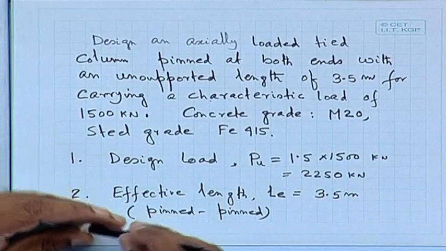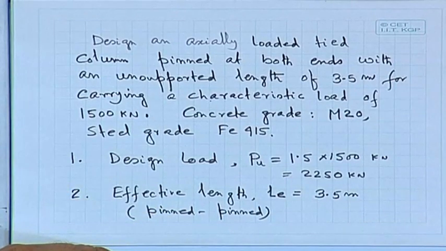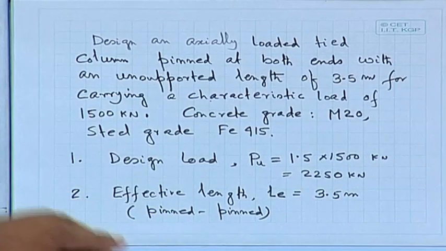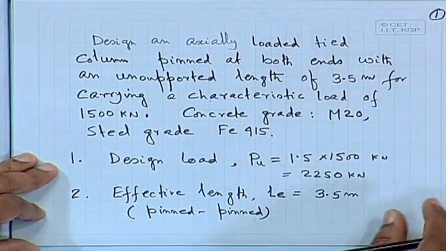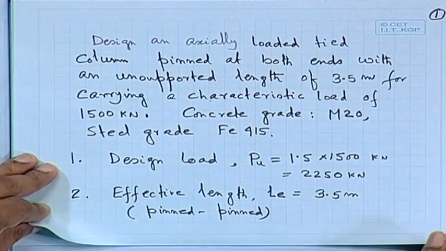What we have to do is assume a section. What is the guideline? The guideline is that L by D is less than 12, because we are considering it as a short column.